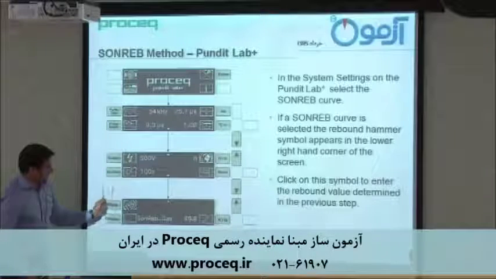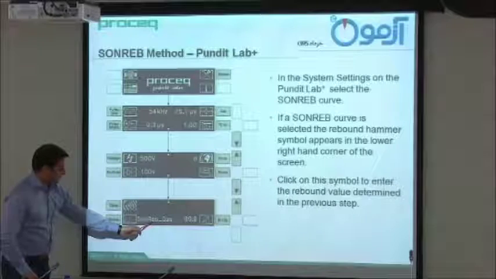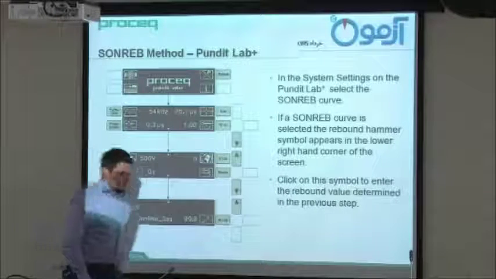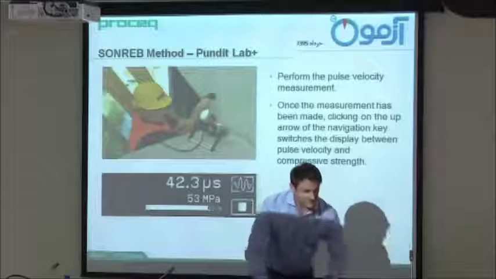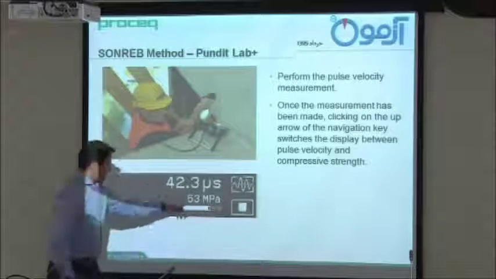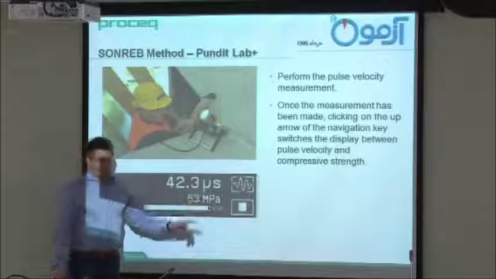Here this is keyed in, here you have the SonReb curve, and this is the rebound number you have keyed in, and then you get the result. Like here, it's 53 megapascal.